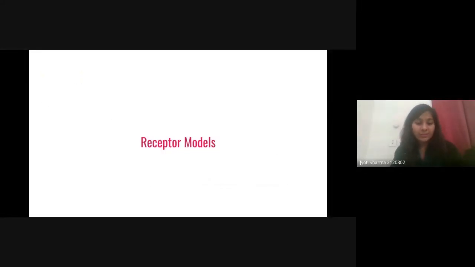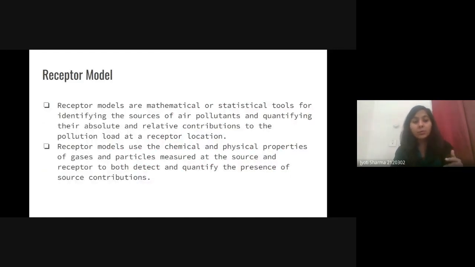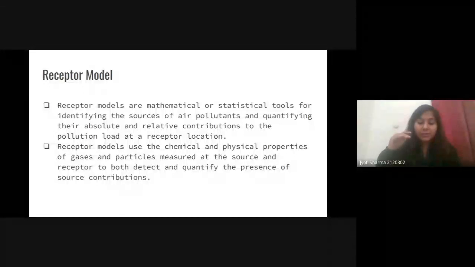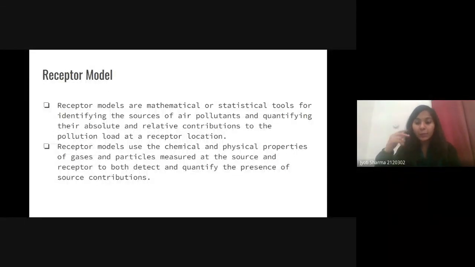Okay, so let's talk something more about the receptor models. These models are mathematical or statistical models, meaning you have some equations in that model. Whenever you feed some input into it, that equation will solve something and give you the output.